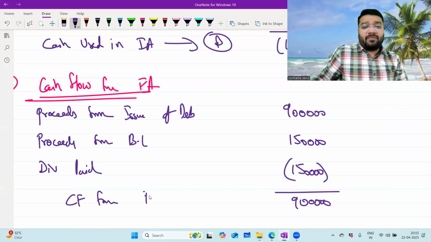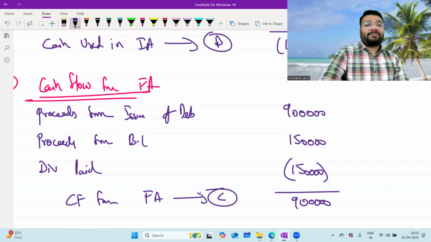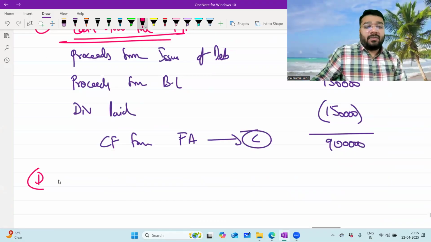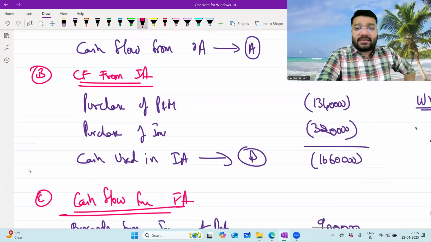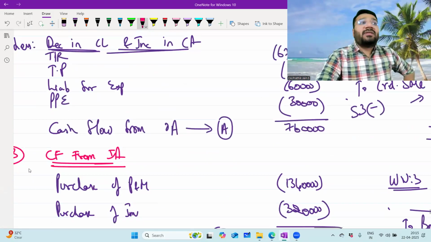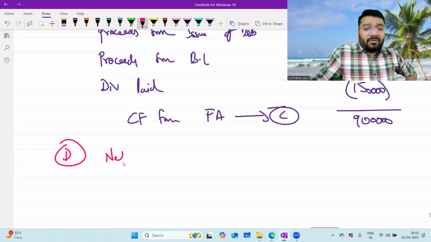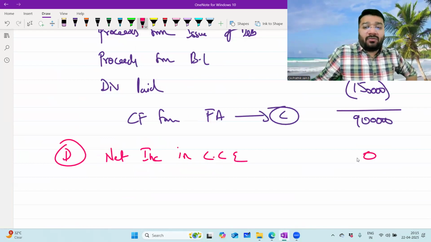Cash flow from financing activities, point C. Net is increase or decrease? Zero. Wow. For this so much effort. Net increase in cash and cash equivalent, 0.